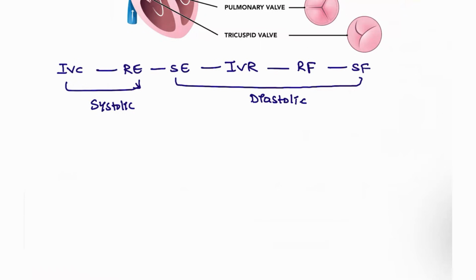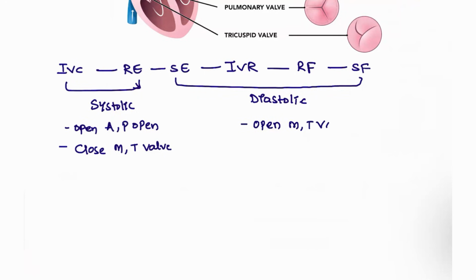Mainly in the systolic phase, there will be opening of the aortic and pulmonic valves, and closing of the mitral and tricuspid valves. Next, in the diastolic, there will be opening of the mitral and tricuspid valves and closing of the aortic and pulmonic valves.